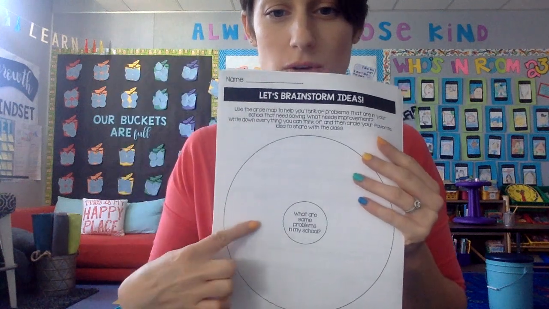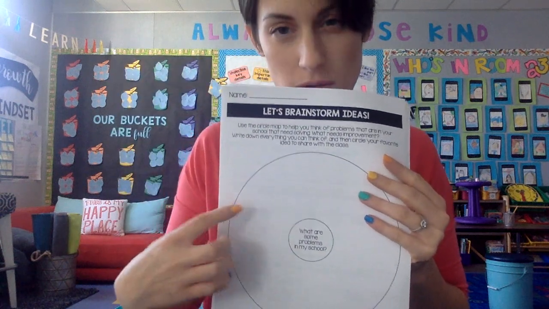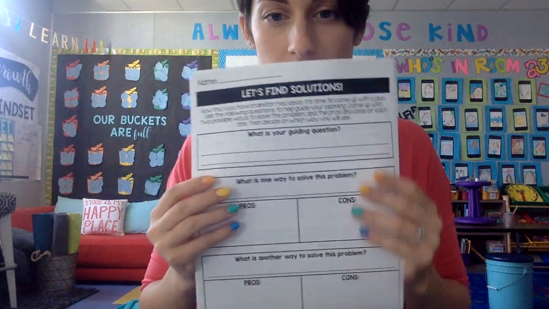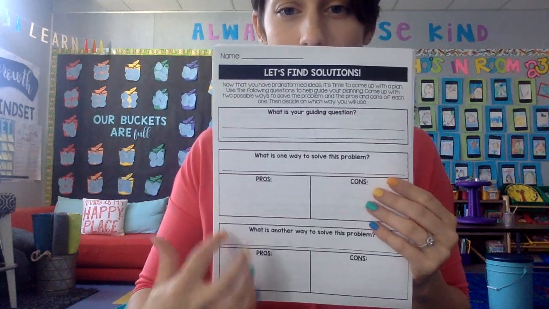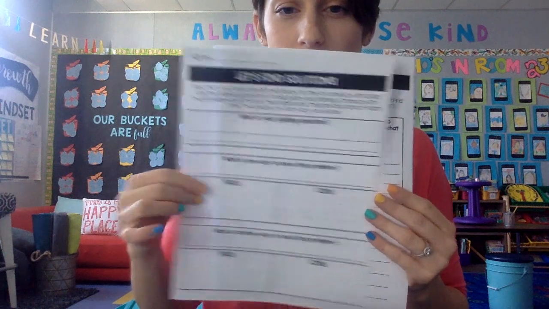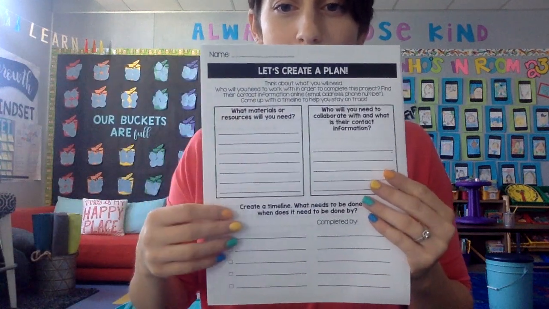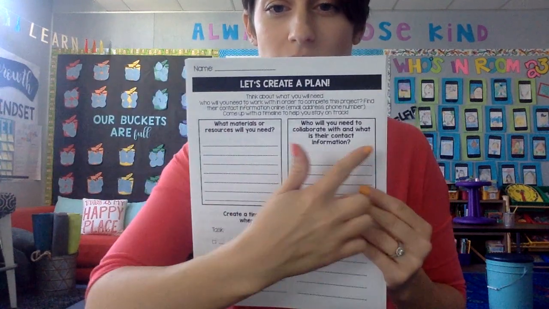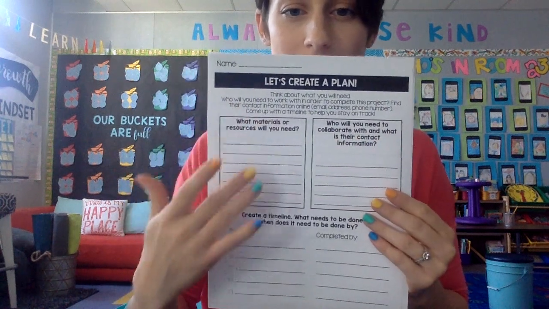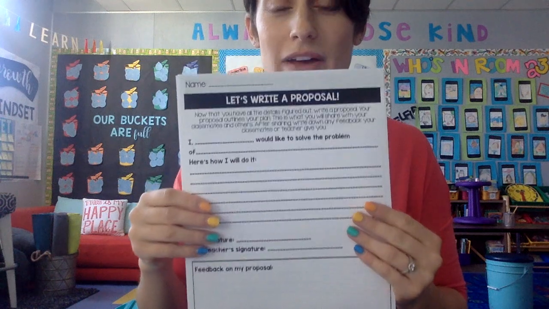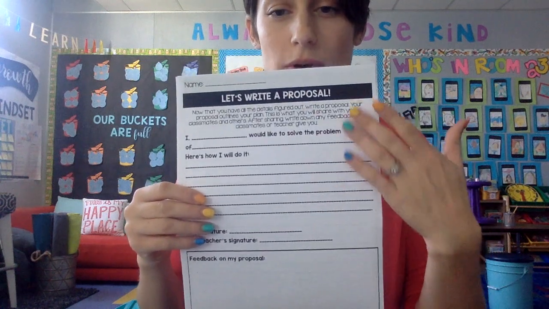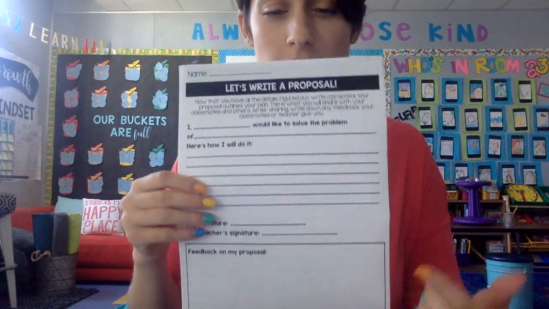This is if you want to do the improve the school project, like just locally. From there, they have to brainstorm their guiding question and ways to solve the problem. Then they have to come up with a plan. So here's a collaboration piece, any materials, a timeline. Here they write their proposal, and this is what they're actually going to be presenting in front of the class.